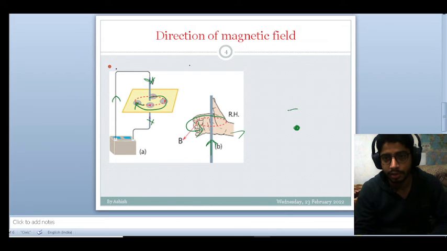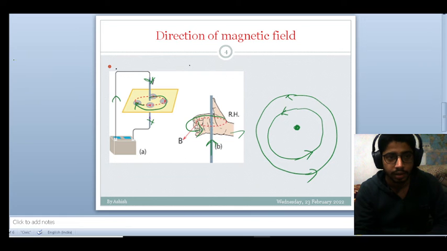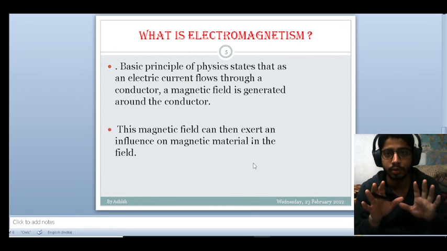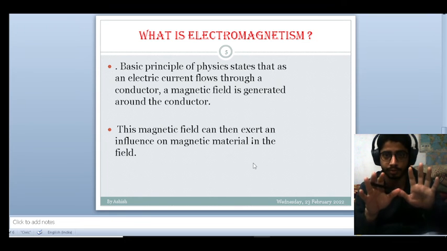It simply makes circles around the current carrying wire, in the anti-clockwise direction. As simple as that. Up to now, you got some idea about whether a current carrying wire produces a magnetic field or not.